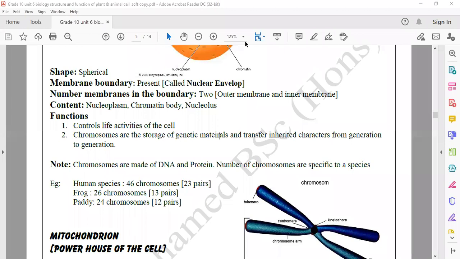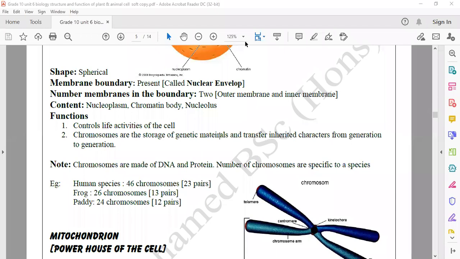Yeah, Ashik. Structurally the same, shape-wise there can be small differences. Inside the nucleus there's a jelly medium.